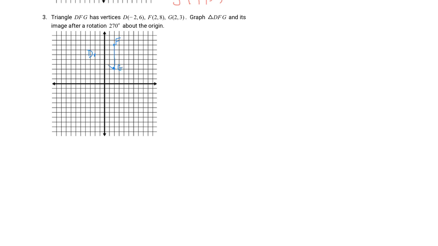Make it a triangle. Now we want to graph it after it's been rotated 270 degrees around the origin. Again, counterclockwise. We're going to go from (x, y) to (y, negative x).